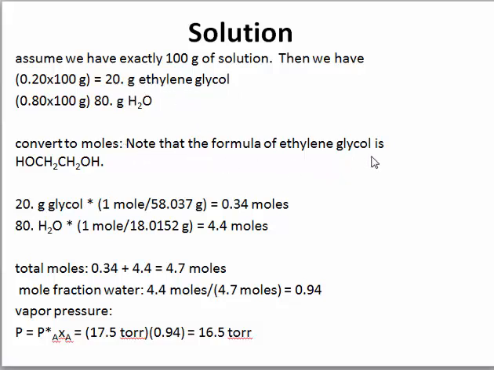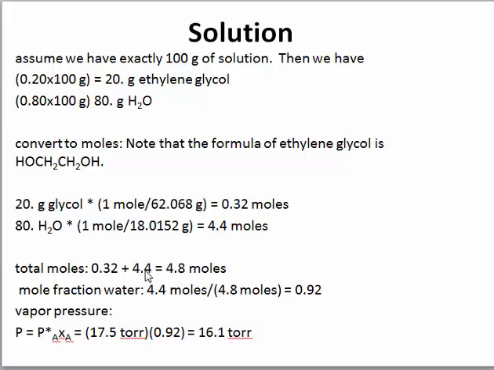Convert both of these masses to moles using the molar mass of ethylene glycol. 20 grams of ethylene glycol divided by the molar mass is 0.34 moles. 80 grams of water divided by the molar mass is 4.4 moles. Actually, allow me to clear up an arithmetic error there. The molar mass of ethylene glycol is around 62 grams. So we have 0.32 moles of glycol and 4.4 moles of water.